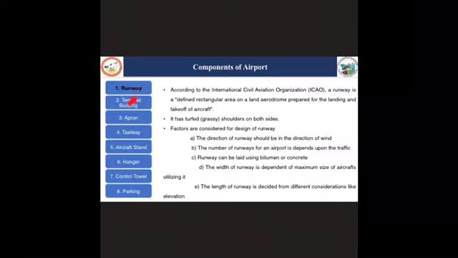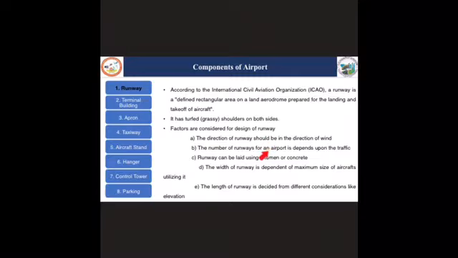International Civil Aviation Organization, ICAO, defines the runway as a rectangular area on aerodromes prepared for landing and takeoff operations of the aircraft. So usually when the runways are constructed, you have to provide turf shoulders on both sides. The first consideration in designing the runway is that the direction of the runway should be in the direction of the wind.